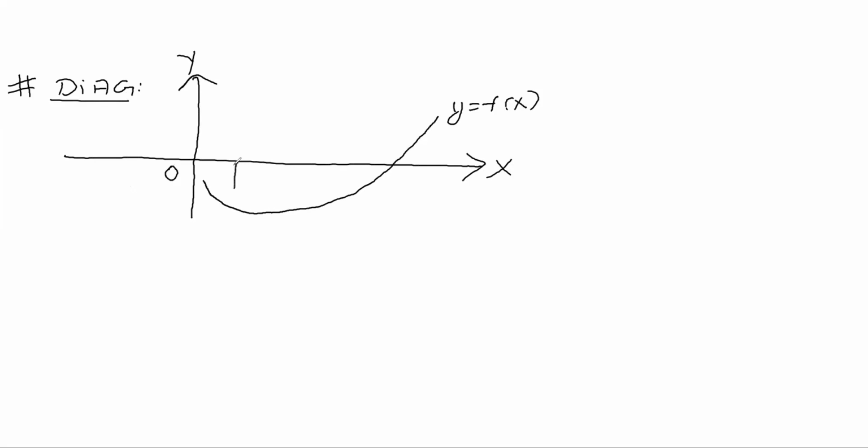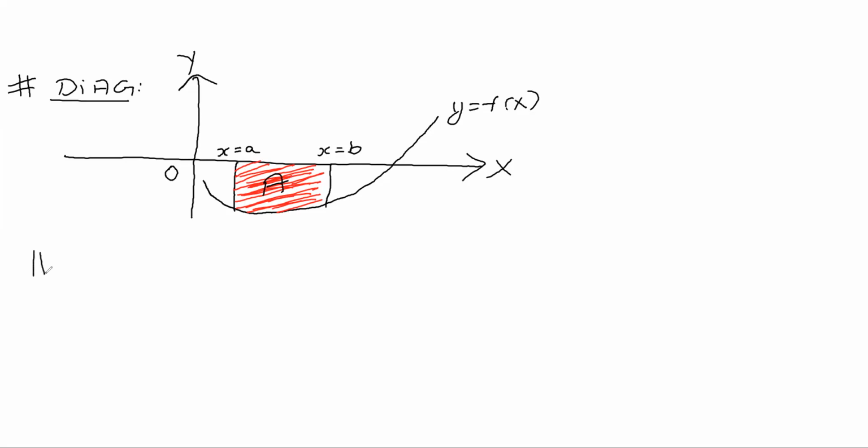Suppose this is x equal to a and this is x equal to b. You can clearly see the area is now coming in the negative axis. I need to find this shaded area, and the function is in the negative axis.